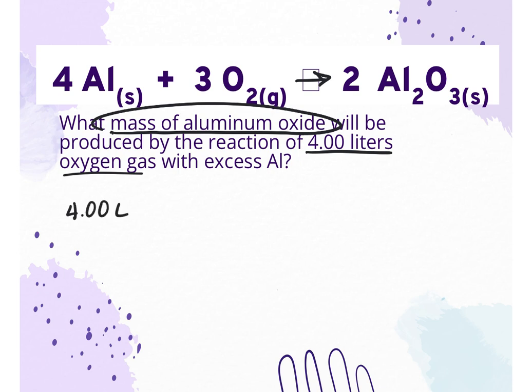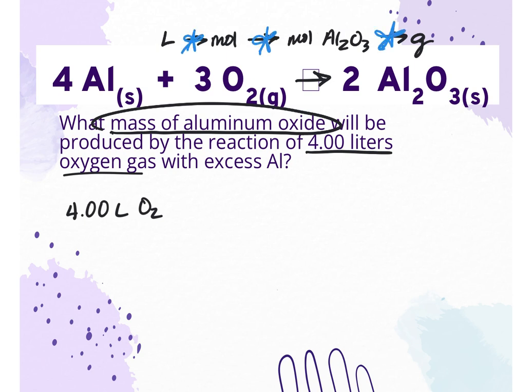We're starting with liters of oxygen gas. So I'm going to go from liters to moles, then convert that to moles of Al2O3, then convert that to grams. So I'm still going to have 1, 2, 3 steps, just like before, except I'm working in a different direction.